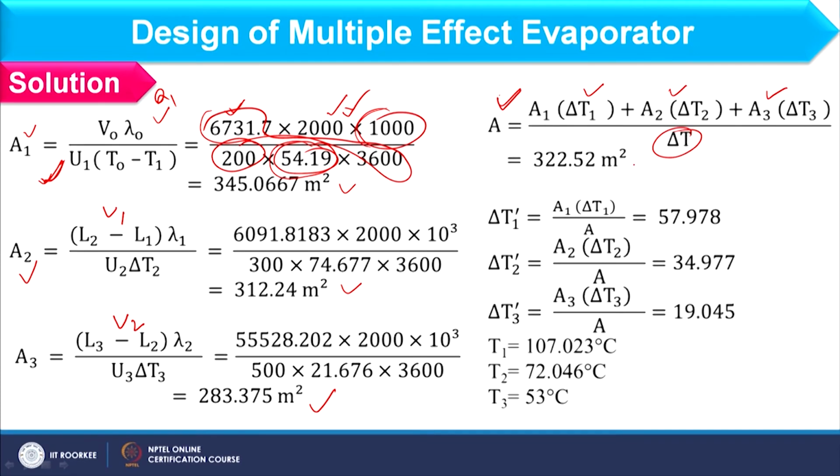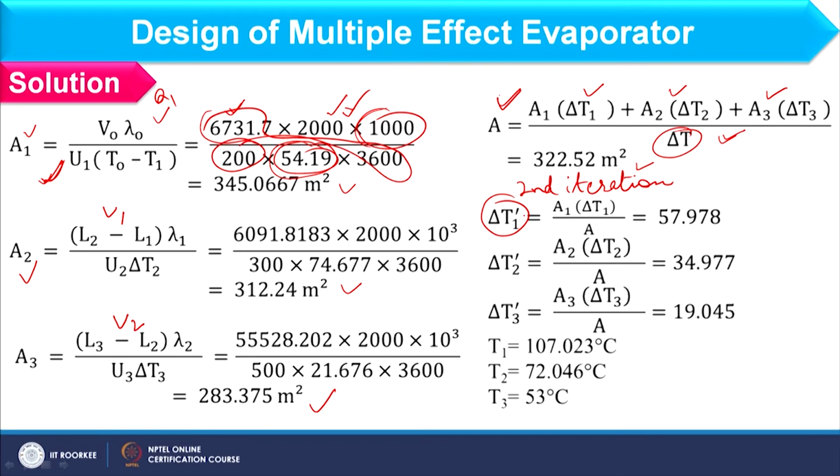So, average area we can find as 322.52, and you should consider here that average area is basically on temperature difference weight. Okay. So, we can find out revised temperature difference as delta T1 dash, and from here onward we have second iteration, right.